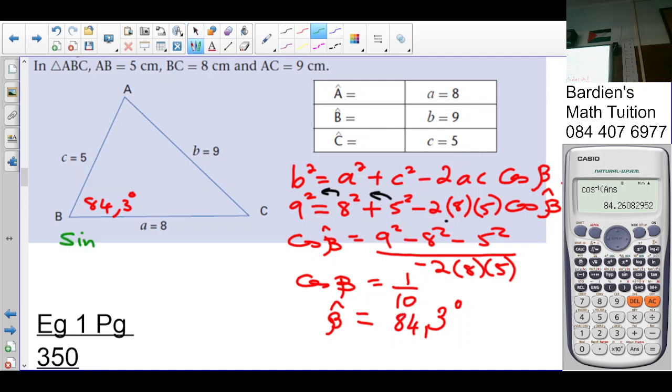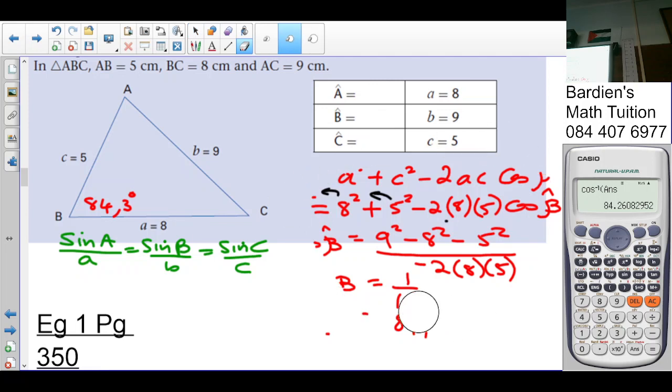Sine A over a is equal to sine B over b, which is equal to sine C over c. Not so?